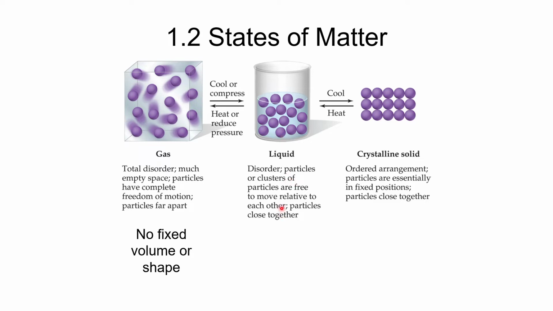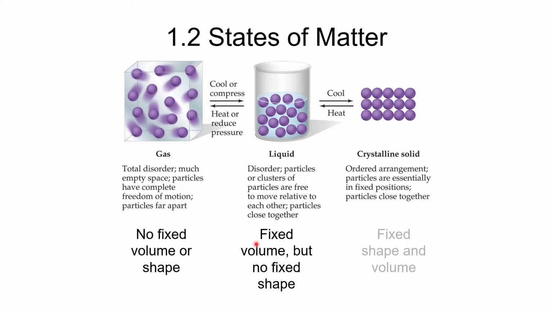And as a consequence, we will find that they have essentially a fixed volume. If you take 1 liter of water, for example, and you try to compress it, you'll find that it's not very compressible. You won't be able to squeeze it down into a smaller volume, at least under normal conditions. All right, but it doesn't have a fixed shape. The water will take the shape of whatever container happens to be available.